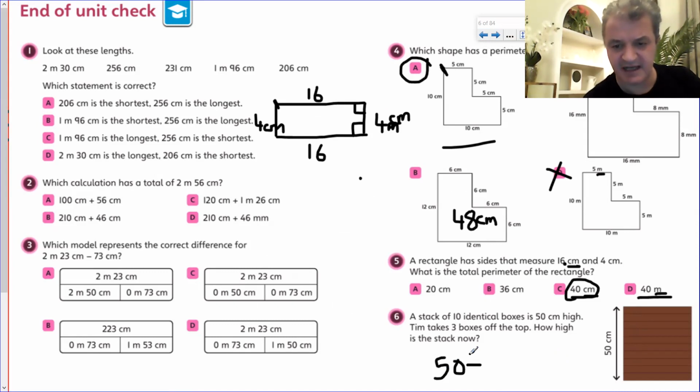Because I know I've got 10 identical boxes. So what is the height of each of the boxes? Each box is going to be a height of 5. Let's just double check. 5, 10, 15, 20, 25, 30, 35, 40, 45, 50. The height of each individual box is 5 centimeters.